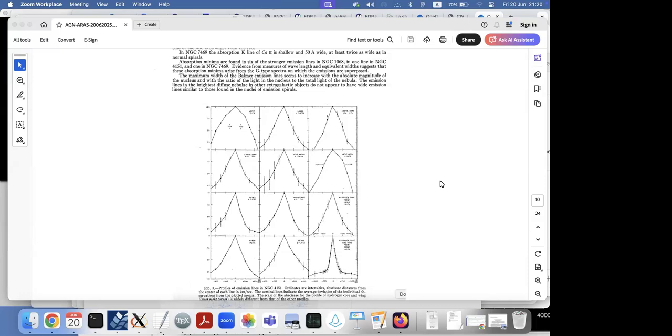Before World War I, Slipher had already called attention to the anomalous structure of NGC 1068 and 4151, and that these had weird appearance, even though in the period before the war, he had no idea that these were external galaxies.